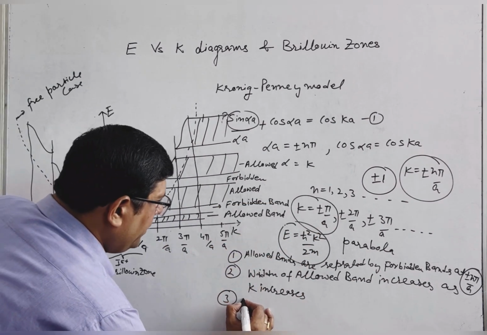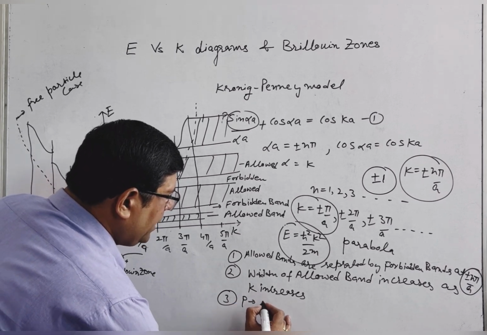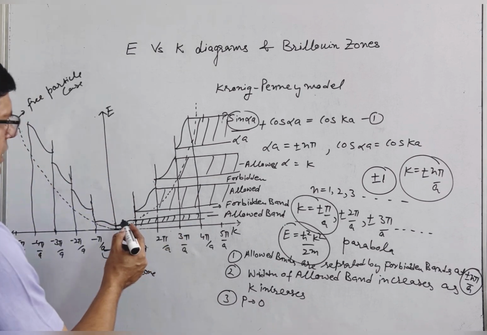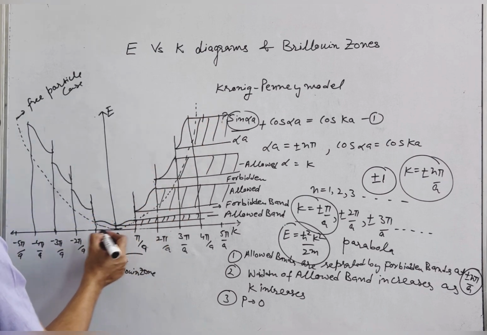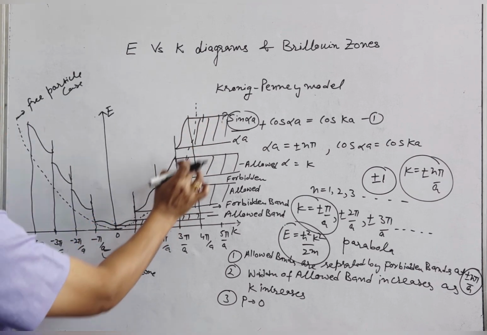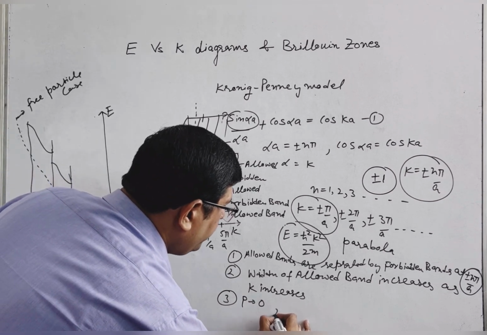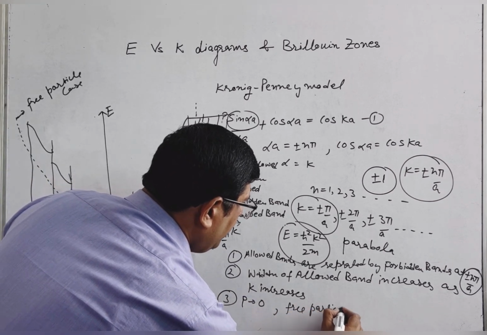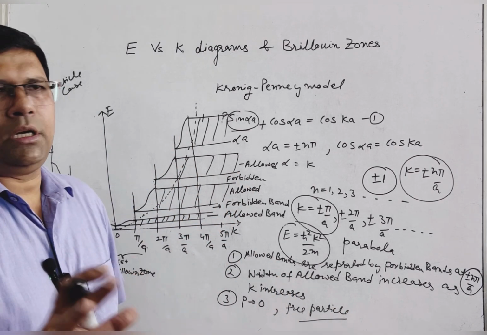And as the barrier strength, the measure of barrier strength P, decreases or approaches 0, then these discontinuities will extend to a parabolic form. Then that will be the case of free particles, where there is no forbidden gap.